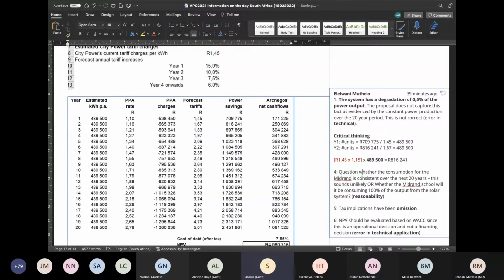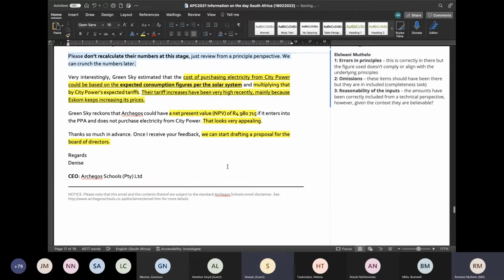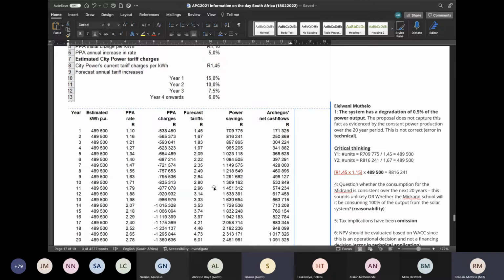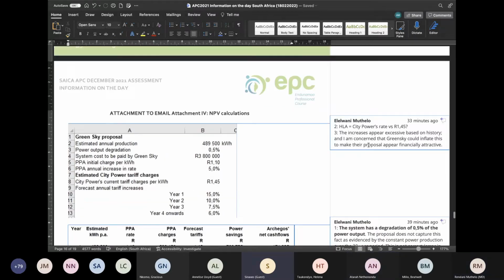Yes, yes. Because above here, they told us that they are going to use the expected consumption figures. But now we want to question that, is this going to be aligned? And that's why I'm asking whether the middle school will be consuming 100% of the output. Okay, but that's the only reason why you're asking that. Yes, yes. To make sure that the savings are not overstated. Yes, 100%. Okay, thanks. We are together.